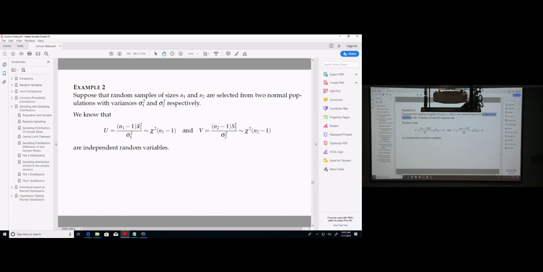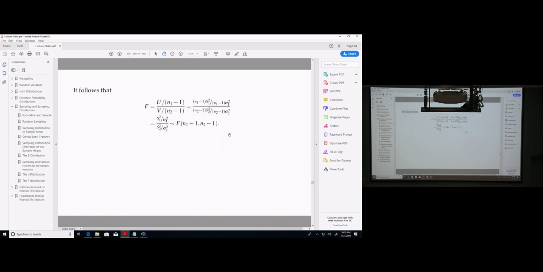Now this is your sample variance, and in an earlier slide, we have to multiply this by N1 minus 1, and then divide by the population variance. And this will be a chi-square. And you have to do so for the other sample, and this has to be replaced by the variance of the other population. Okay, so this is how the F distribution will appear.